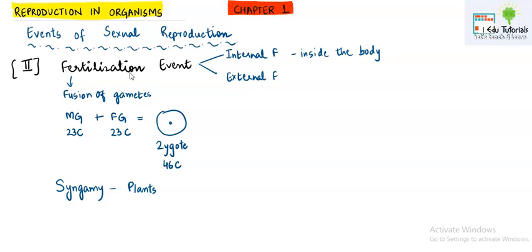So fertilization is happening internally. This is safer and more protective because the delicate zygote is inside the body. There are no chances of predation. So the probability is there that the zygote will divide further and complete embryogenesis.